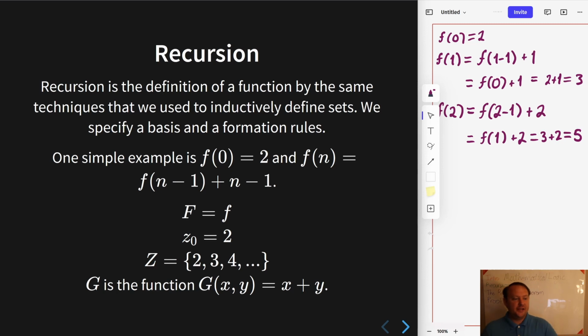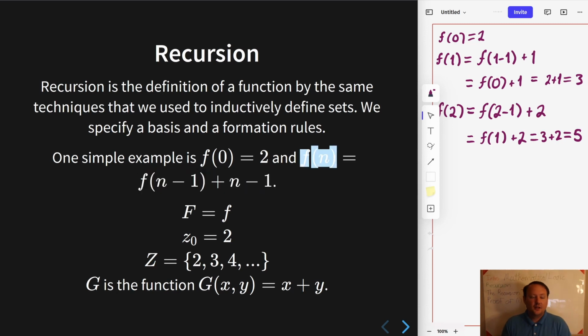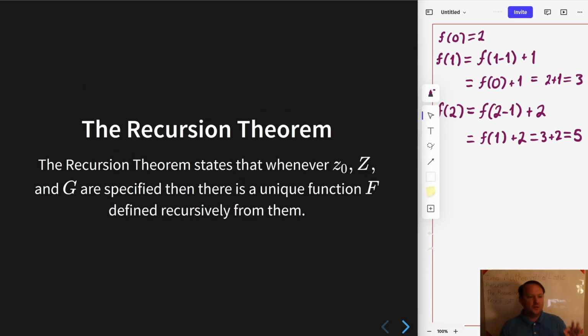So the domain of g is z cross the natural numbers, and the range of g is supposed to be z again, because the output values that g takes are what define f on the next input. So since z is made up of the image values of f, that can also serve as the range for g, because the image values for g are also the image values for f. Next, we'll describe the recursion theorem.